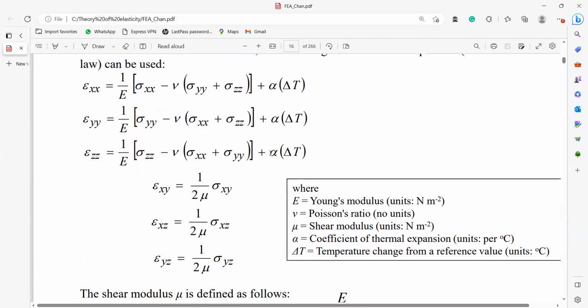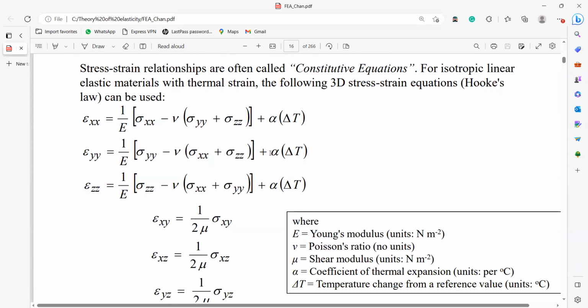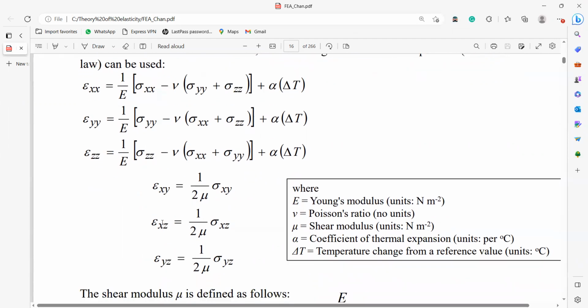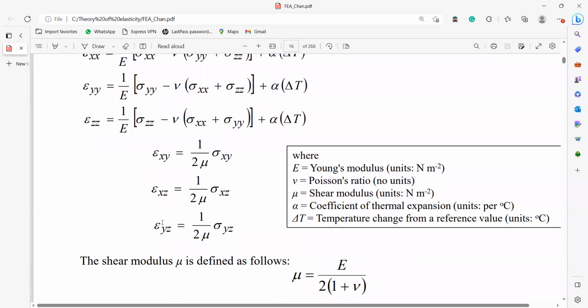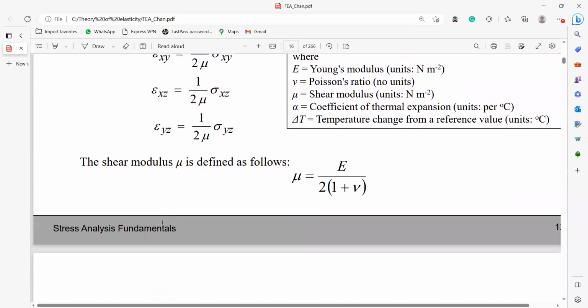So now you have epsilon xy, epsilon xz and epsilon yz, these are shear strains. The shear modulus mu can be defined as E by 2 into 1 plus nu.